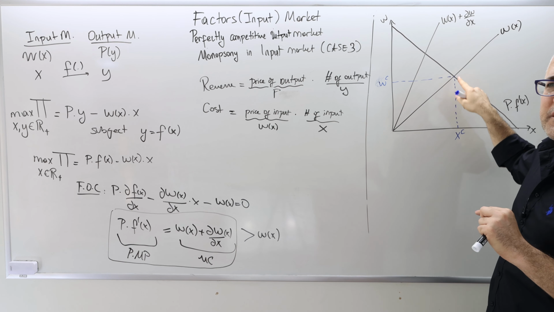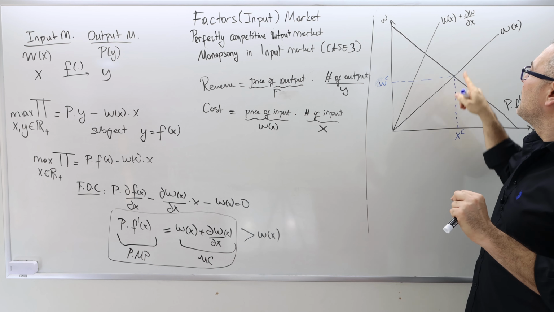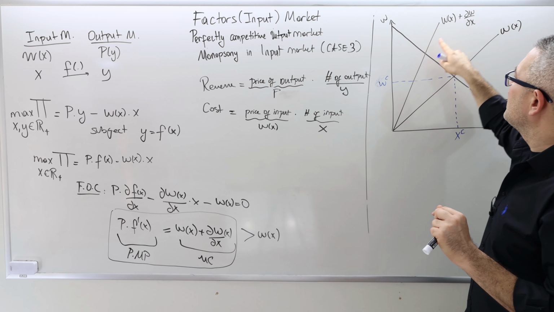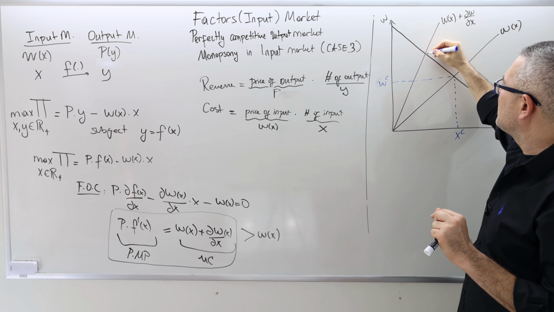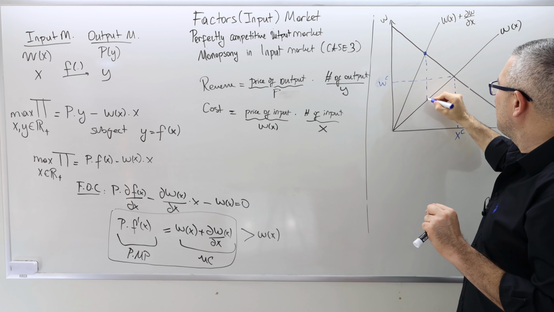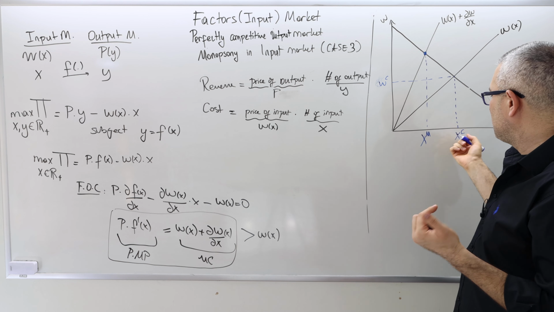That's the point where the competitive firms will choose x. In case 3, the monopsonist is going to choose marginal revenue equals marginal cost. So this point of intersection, and so this is going to be the x monopsony.